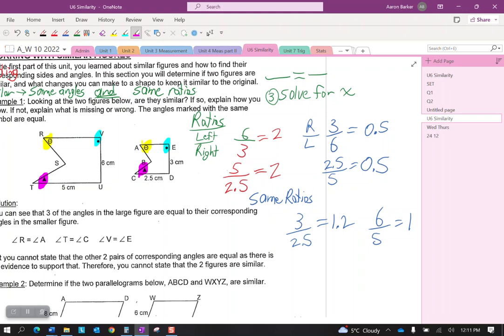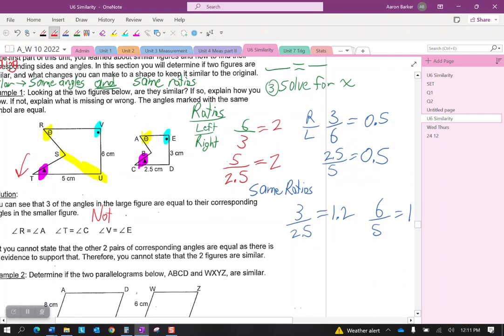But because there's two unknowns, you could have this shape open up differently. These shapes could be spread apart differently. We don't know for sure. So because we don't have the same angles, then we can say they are not similar.